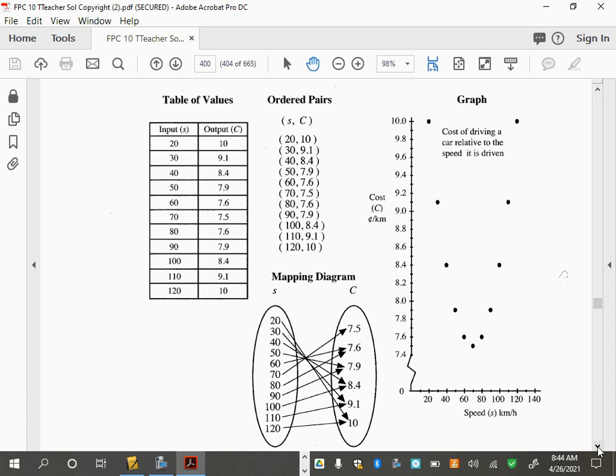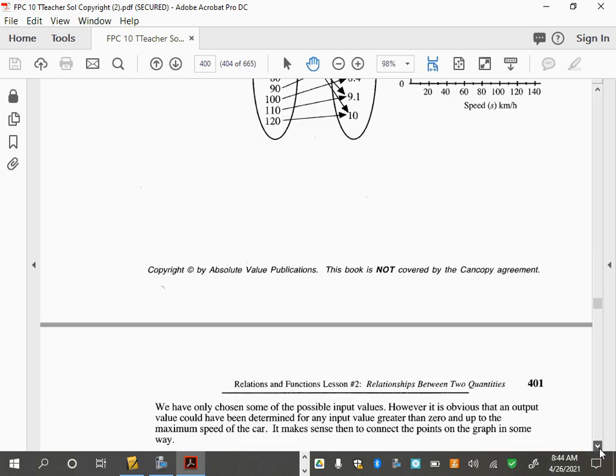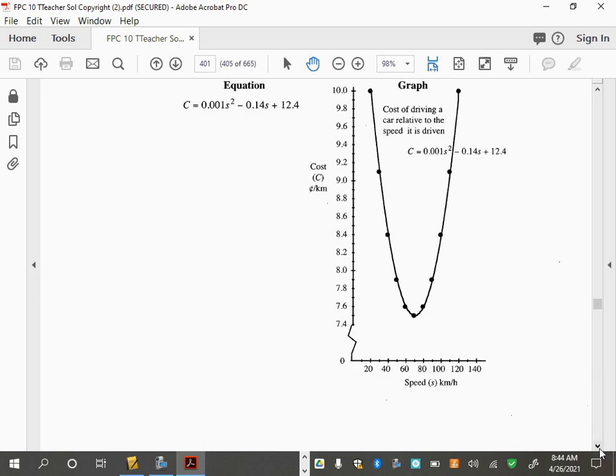Mapping diagram, arrow diagrams, called the same thing, ordered pairs, 20, 10. This is 20 to the right, 10 up, 20 goes to 10. And you can see all of these representations are the same, and there's even more on the next page. An equation, if you put in 20, you would get 10 for that equation.